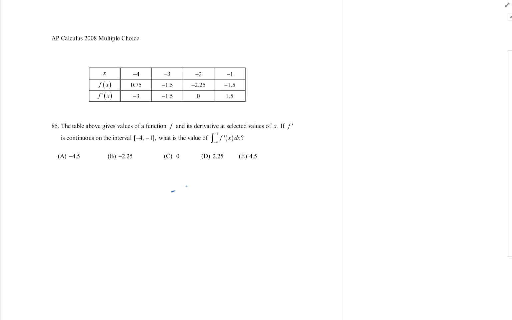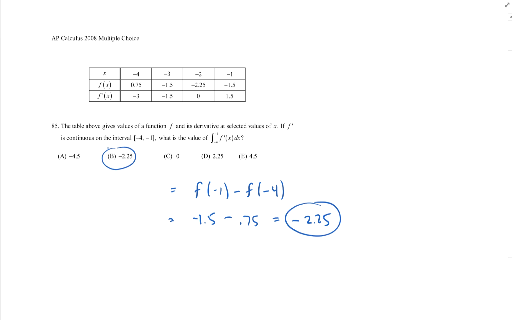Isn't this equal to, by the fundamental theorem of calculus, f of negative 1 minus f of negative 4, which is negative 1.5 minus 0.75, which would be negative 2.25. Okay, does that make sense? Alright, that's going to do it.